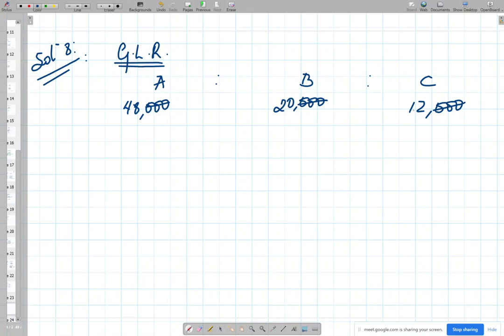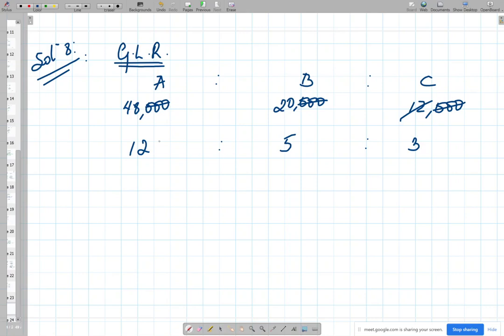So we have, if you reduce it by 4, okay, divide all by 4. 4 3s are 12, 4 5s are 20, and 4 into 12 gives you 48. Right? So 12 is to 5 is to 3 becomes your gross liability ratio.